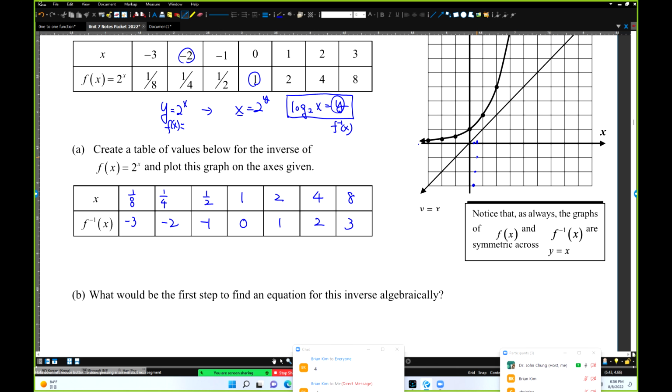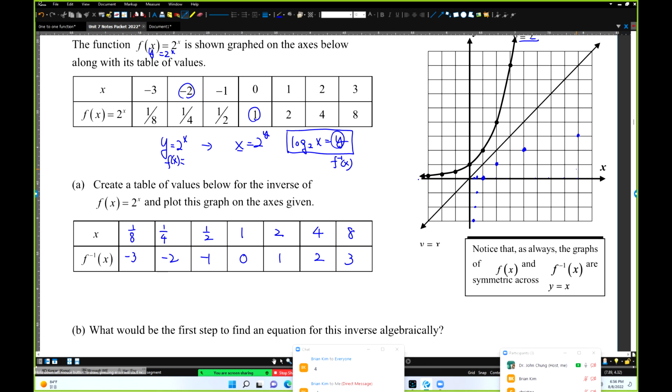When x is 1, that is 0. When x is 2, that is 1. When x is 4, that is 2. When x is 8, that is 3. When you make the line over here, the graph looks like this. That's the graph.